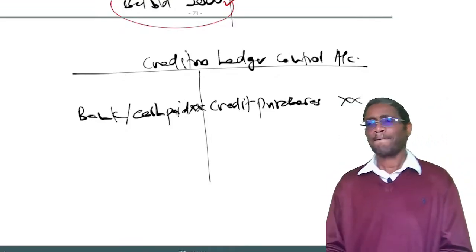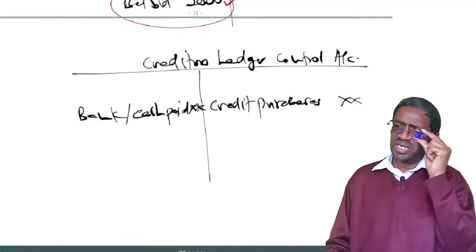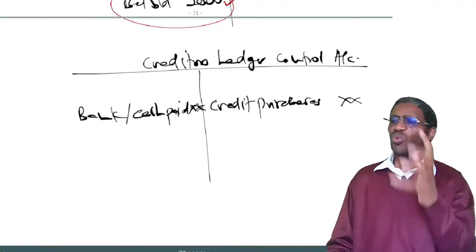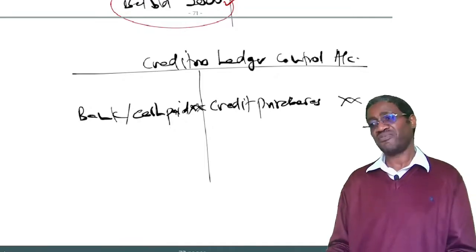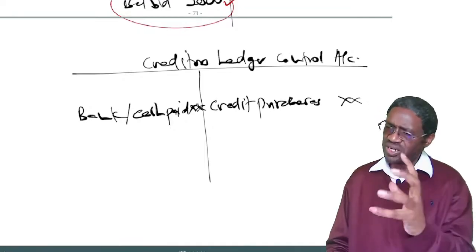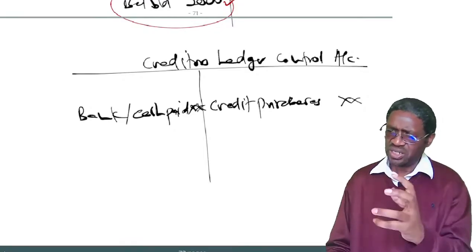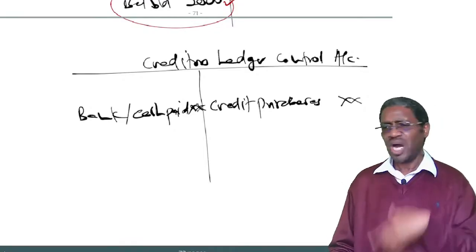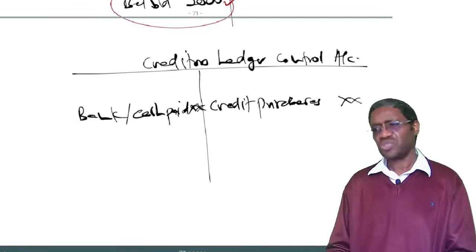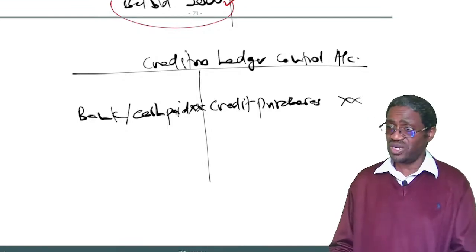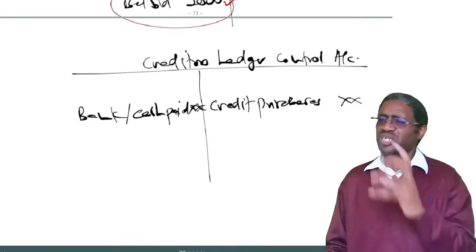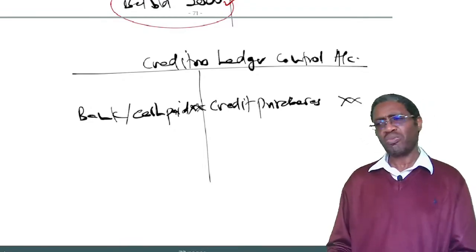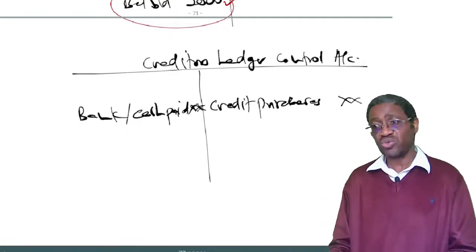Listen, you bought goods from your creditor. When you bought the goods, you credited creditors. That's what we have done. For whatever reason, these goods are more than you needed. So what did you decide to do as a business? You returned them to your suppliers. When you return goods to your suppliers, automatically you must reduce what you owe to them.